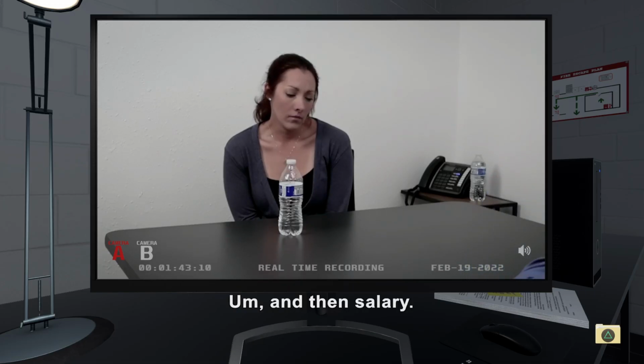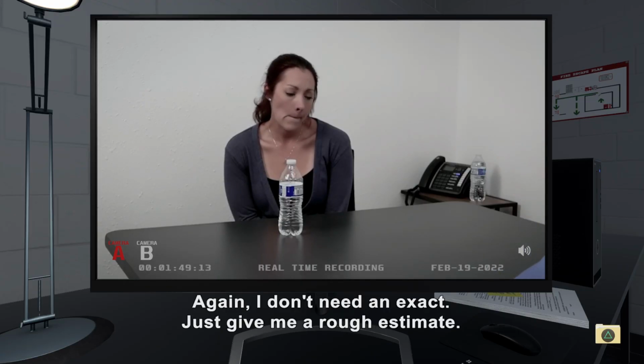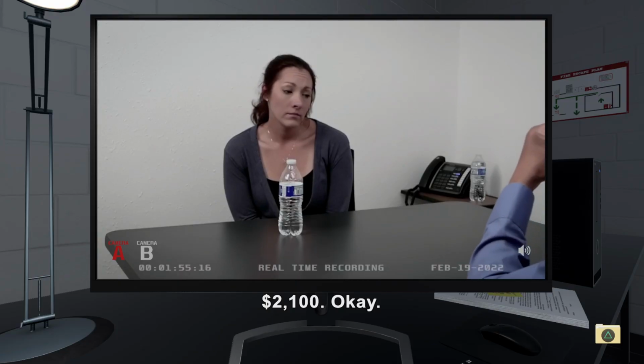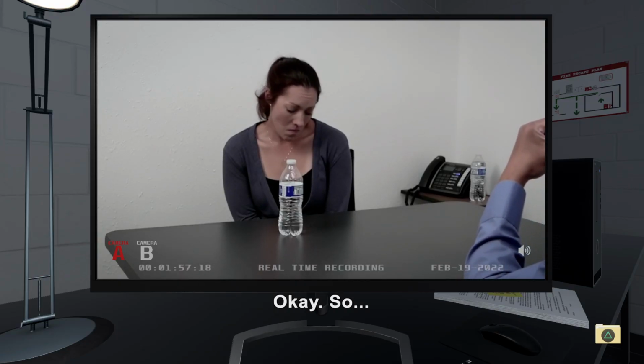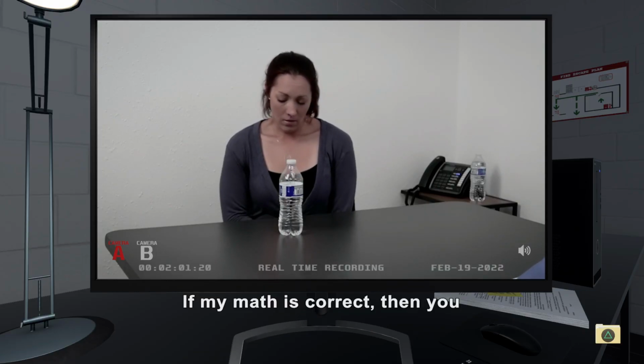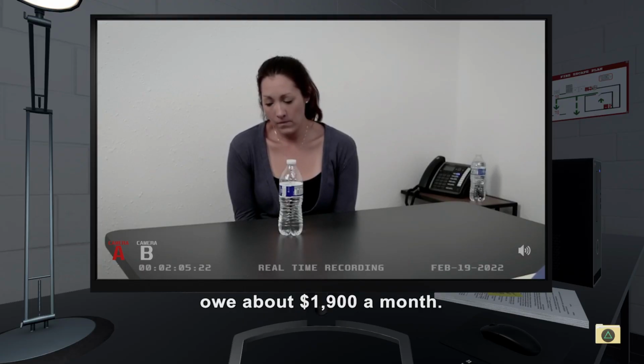And then salary. What do you bring home monthly salary-wise after taxes? Again, I don't need an exact. Just give me a rough estimate. 2,100. Okay, so if my math is correct, then you owe about 1,000.